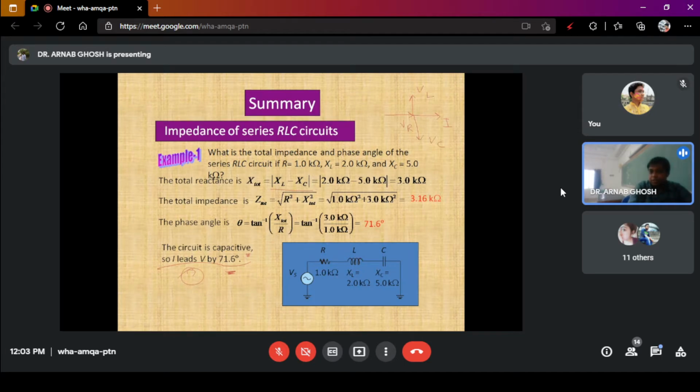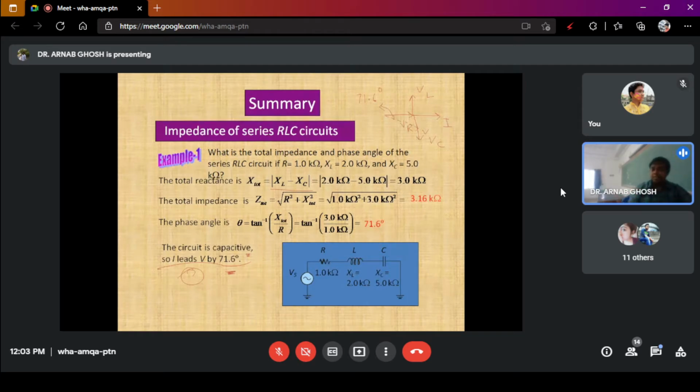But you see VC is greater than VL as Xc is greater than XL. So this is the resultant. This is your V, and this angle is equal to 71.6 degree. This is the phasor diagram for this particular circuit.